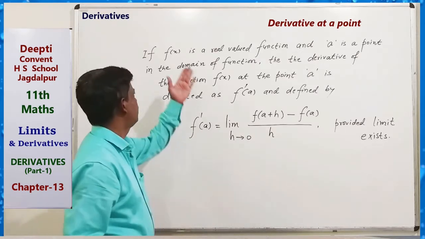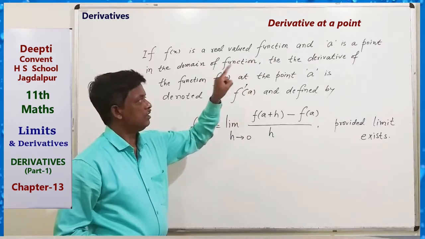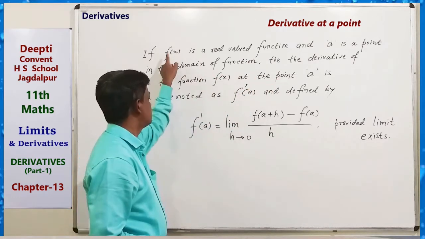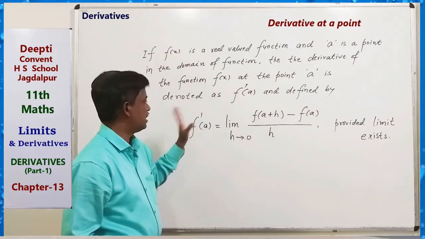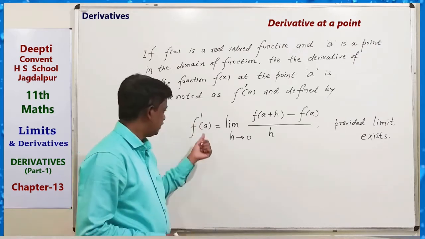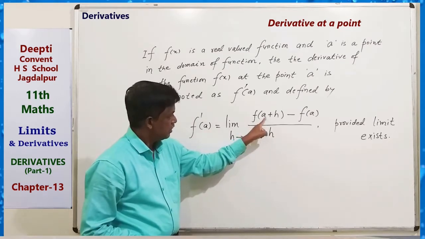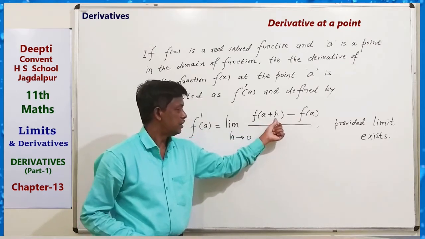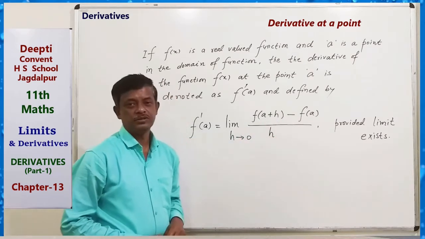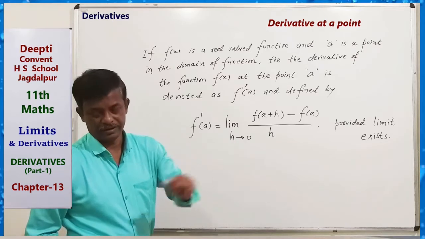That is, here f(x) is a function and a is any point. At the point a, the derivative of the function is denoted like this, f dash a, with h tending to 0. So remember this definition, derivative at a point.